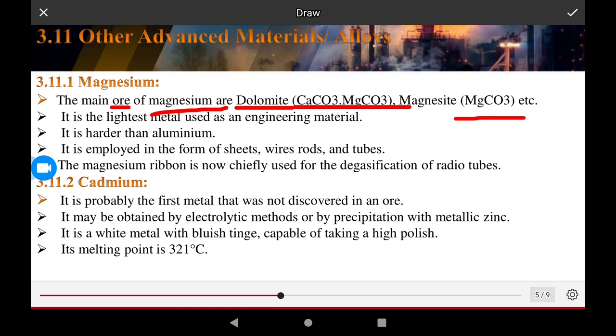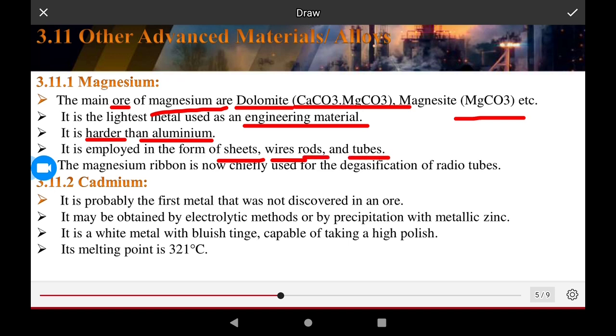It is a light metal used as an engineering material. It is harder than aluminum. The application of magnesium: it is employed in the form of sheet, wire, rod, and tubes.